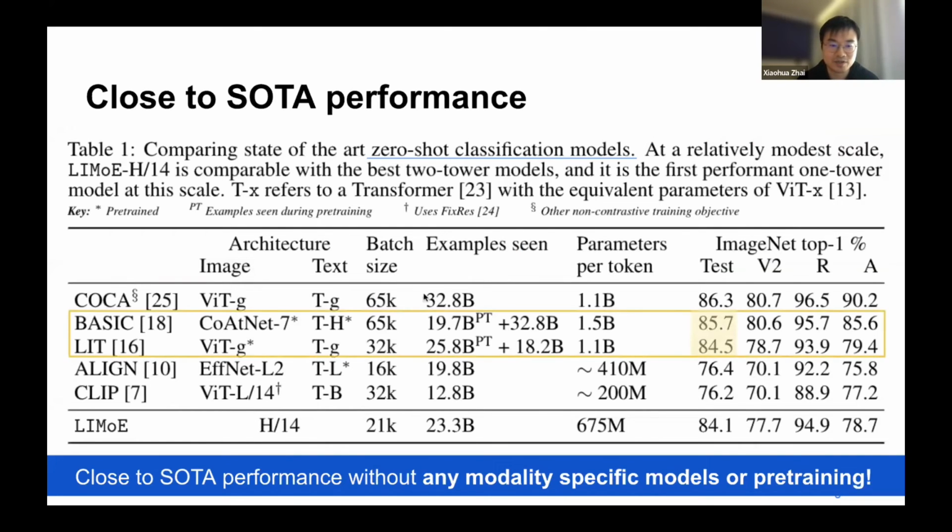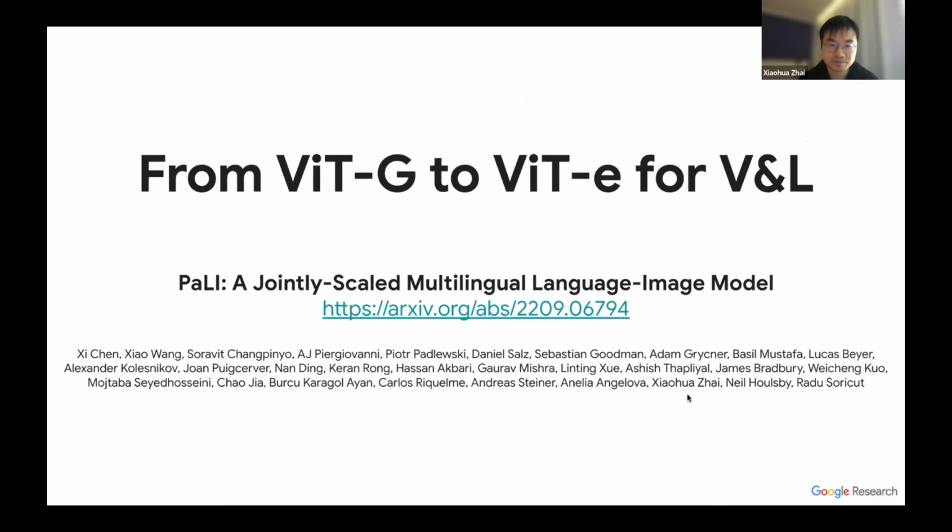In this table, we highlight the two methods using standard two-tower contrastive learning setups and achieving good performance on ImageNet 0-shot. With LIMoE, we use a much smaller backbone, like only H14 in this case, because it's shared across image and text. So there's only one setup for both towers. And this model shows pretty good performance, 84.1 on ImageNet, given much fewer compute.